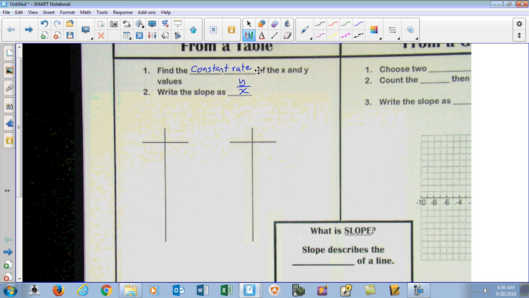So let's say I give you a table. Here's your x value, here's your y value. I'll put some x values in here, and I'll put some y values in here. All right, so if you notice, let me use the green pen here. If I go from here to here, as you notice, every x value is increasing by 1.